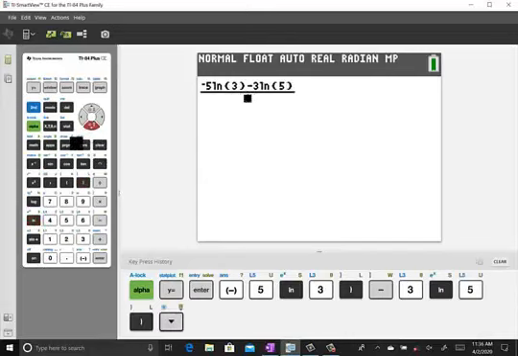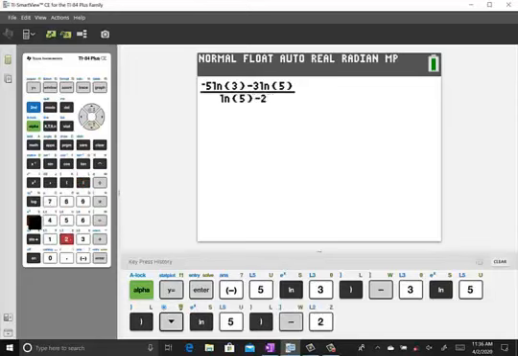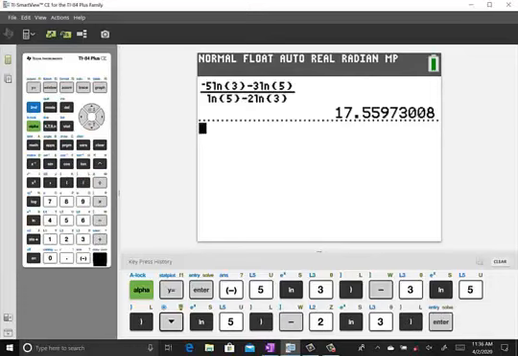On the bottom we have ln 5 minus 2 ln 3. Press enter, and we have our approximate solution of 17.56. I'll write it down afterwards.